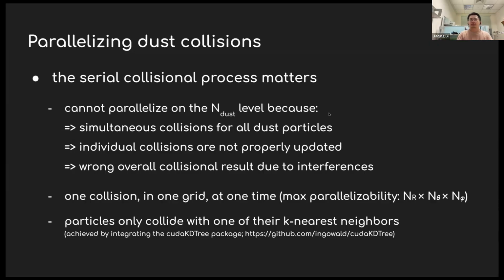Instead, we want to parallelize the whole collisional process on the grid cell level, which means there is one collision in one grid cell at one time, so that we reduce the interference between collisions, and we increase the parallelization as much as possible.